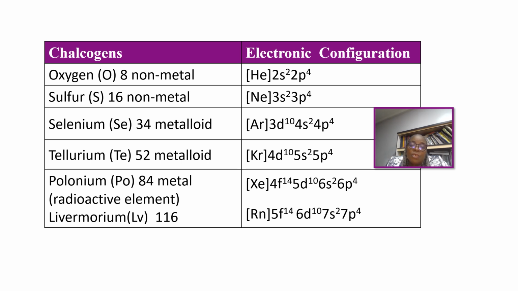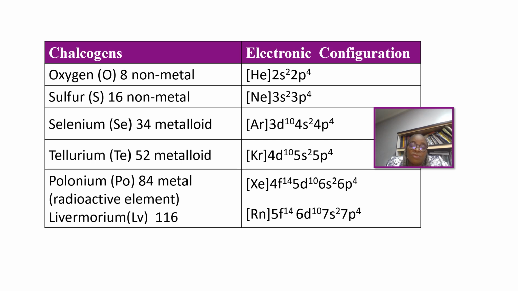3d10 4s2 4p4. And then we'll have tellurium, symbol Te, atomic number 52. It's also a metalloid with krypton electronic configuration 4d10 5s2 5p4.